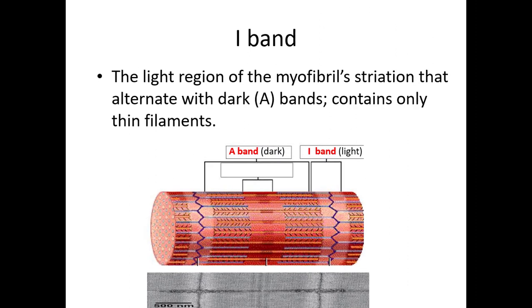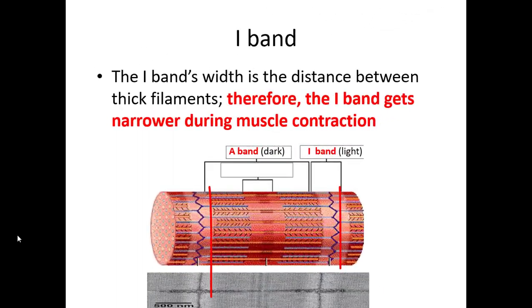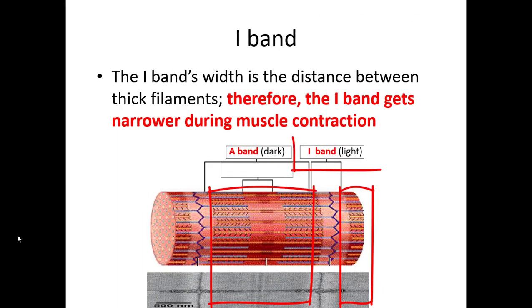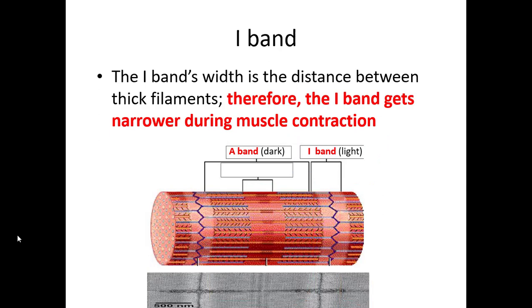The I band, the light region of the myofibril, alternates with the dark A band and contains only the thin filament. The I band's width is the distance between thick filaments. Therefore, the I band gets narrower during muscle contraction.